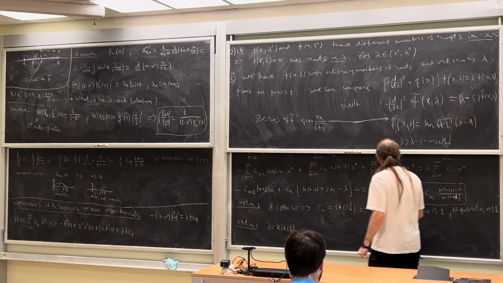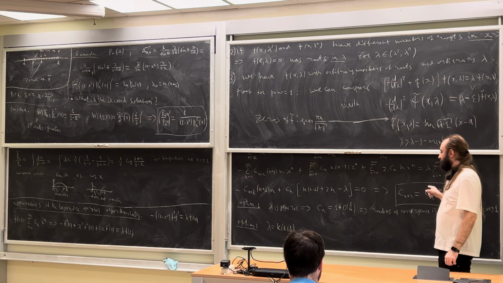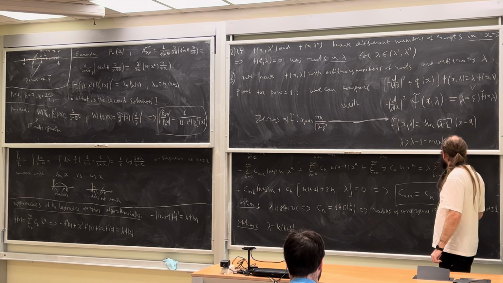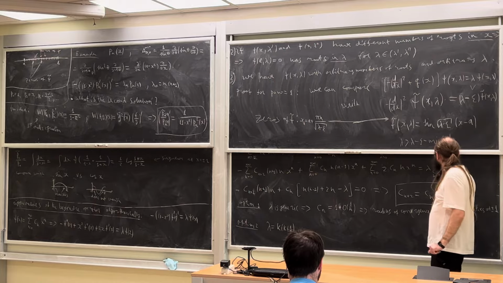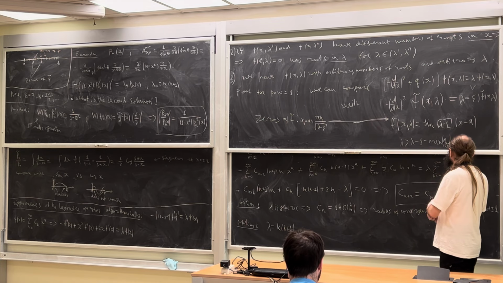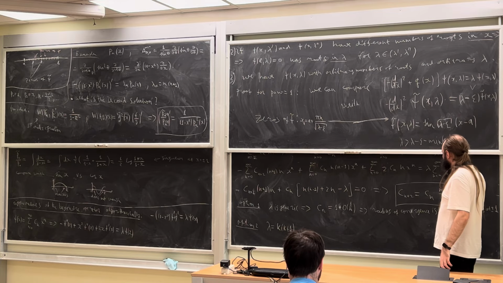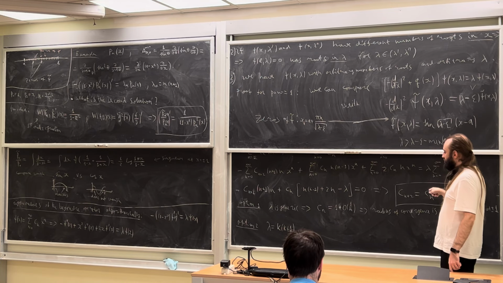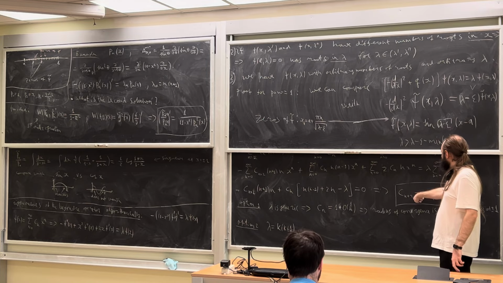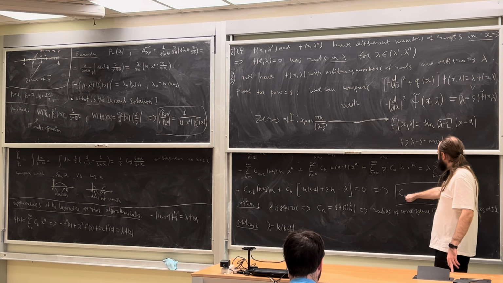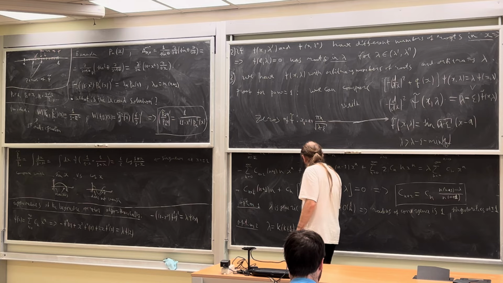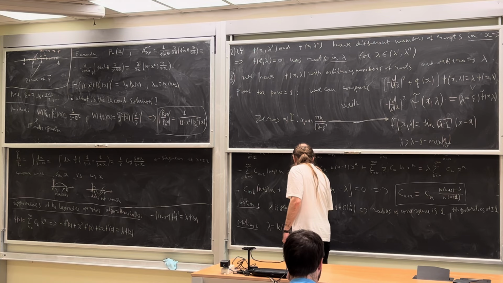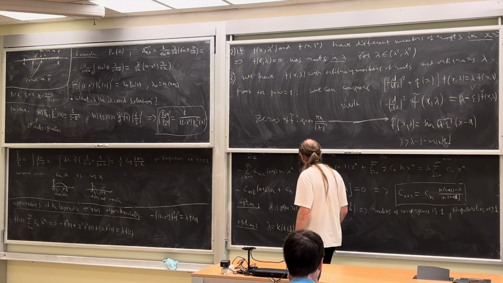And so it will terminate this recurrence for n of the same parity as k, because this recurrence shifts the index by 2, so n should have the same parity as k.